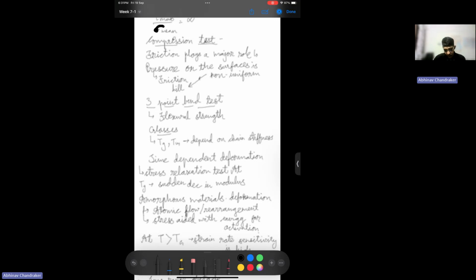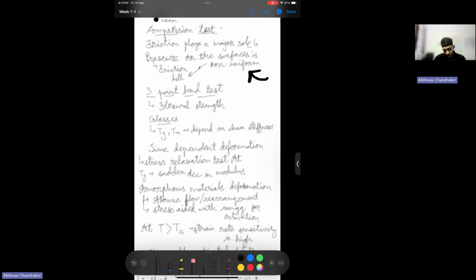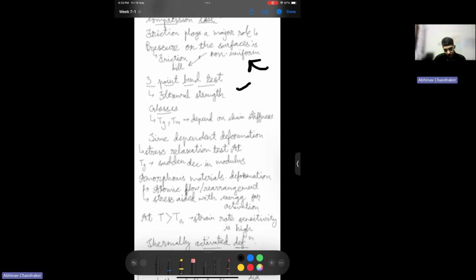It's called a friction hill. So these can complicate the analysis of the test results because they are causing non-uniformity in the deformation behavior. We can have 3-point bend test, which has a specific geometry and tells you the flexural strength. How does your material respond to bending? How easy is it to bend it?